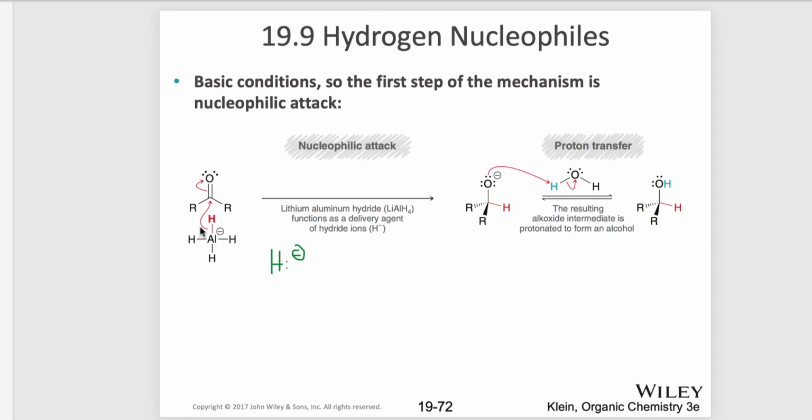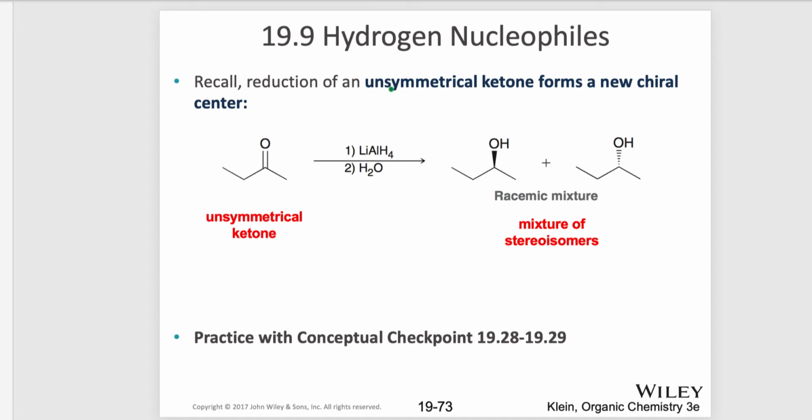So this arrow indicates that both electrons move over here. Of course, we have to then break the bond to oxygen, forming this tetrahedral intermediate. It's a very important intermediate. We have to make sure we follow the charges, negative charge here, second step, proton transfer, and here we are with an alcohol. If we have unsymmetrical ketones, we actually form a new chiral center.